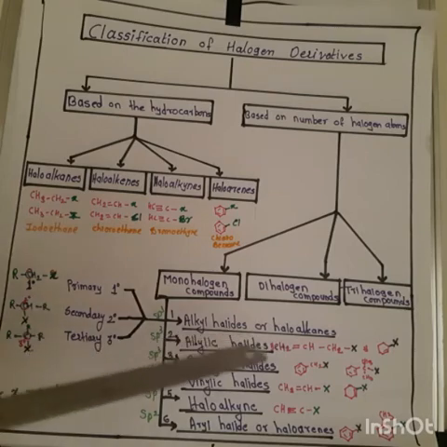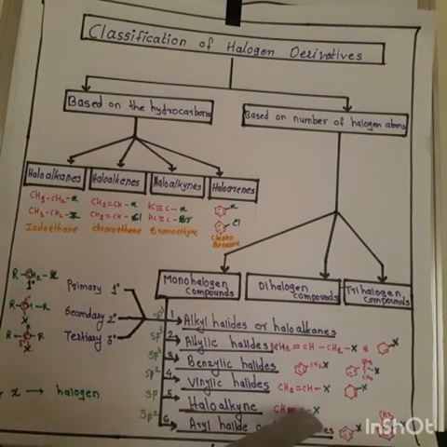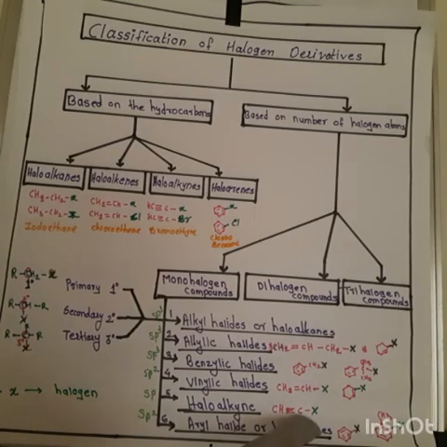When a halogen atom is bonded to an sp hybridized carbon atom, it is a haloalkyne. Example, CH≡CX. This halogen atom X is attached to the carbon which is triply bonded with another carbon. So this is an sp hybridized carbon atom and such types of compounds are known as haloalkynes.